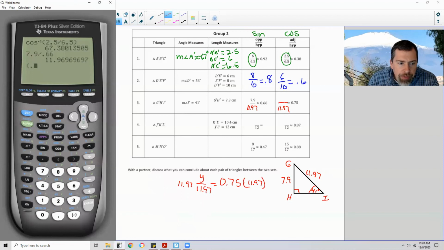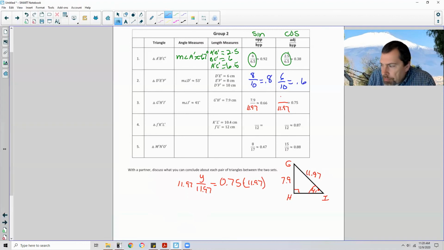So 0.75 times 11.97 is 8.97. Let's just say 8.97. Okay, could round that to 9, I suppose, and we could have rounded this to 12.